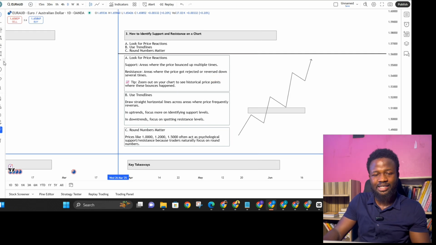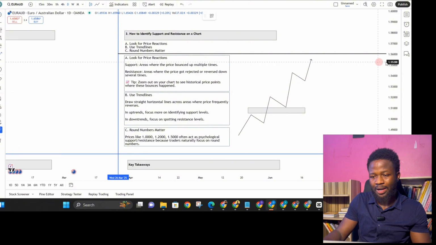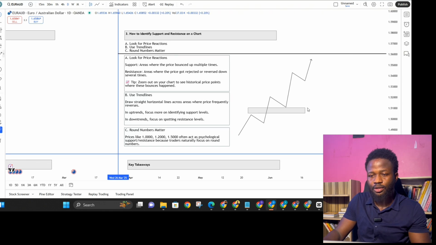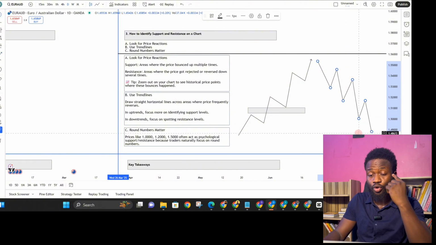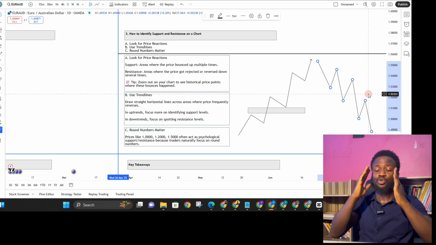And when the market is in a downtrend like this, what you are going to be focused on is what? Resistance. If it's going up, we are concerned about support.